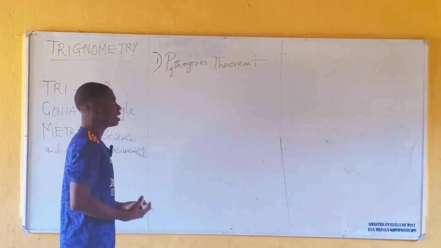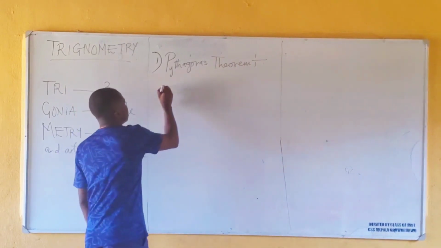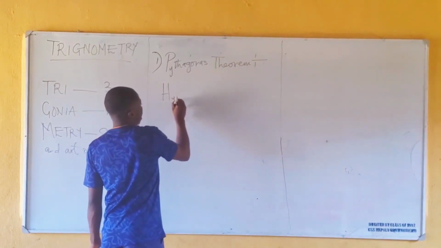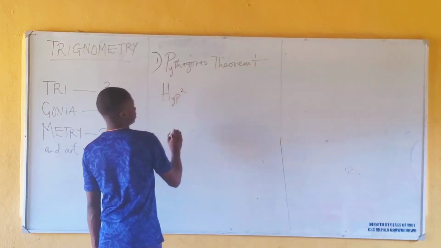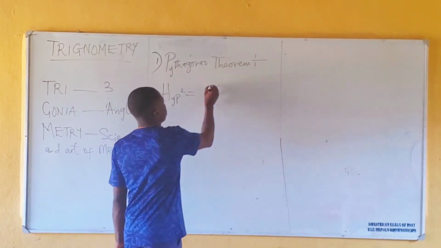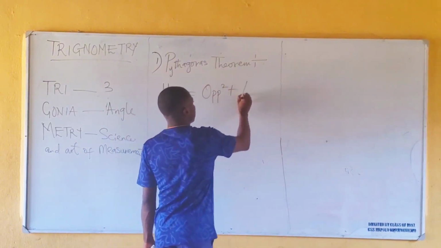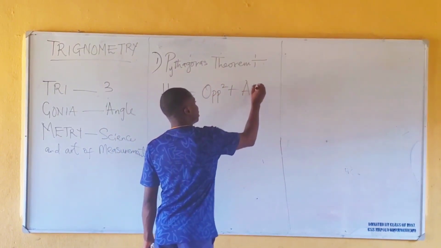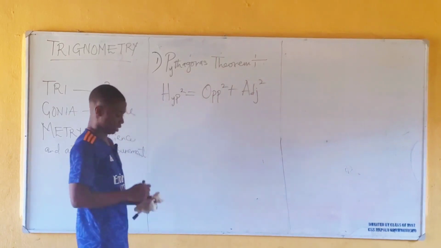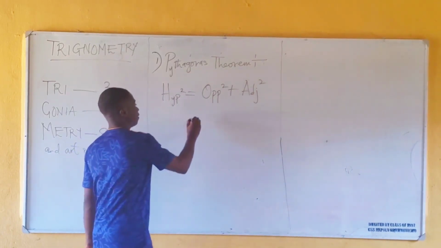Now, Pythagoras theorem states that hypotenuse squared equals opposite squared plus adjacent squared.